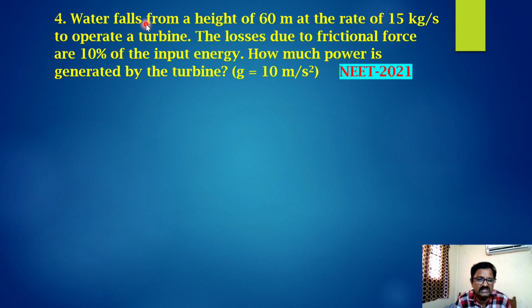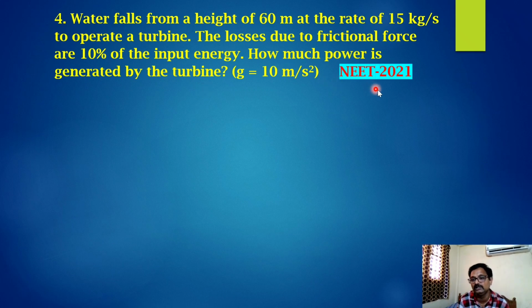Here water is falling from a height of 60 meter at the rate of 15 kg per second to operate a turbine. Due to that there is a loss of energy due to frictional force, that is, the loss of energy is 10% of the input energy. Then how much power is generated by the turbine?